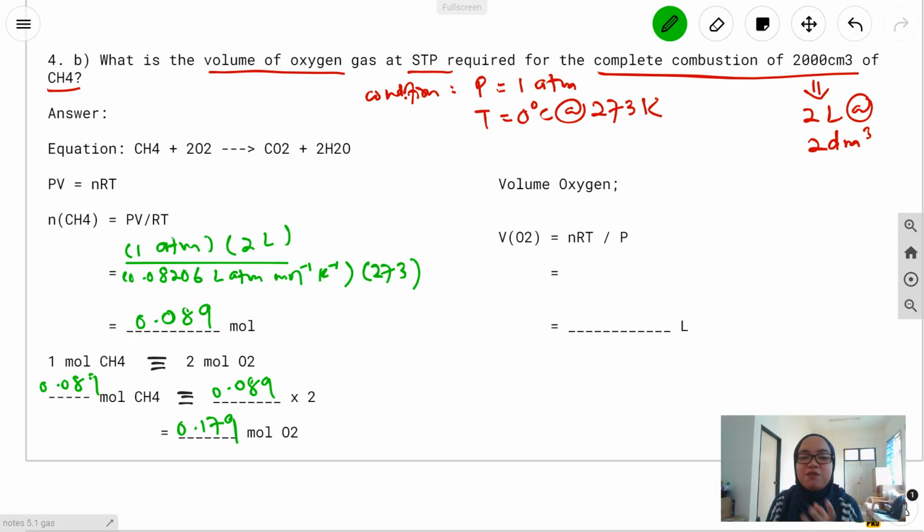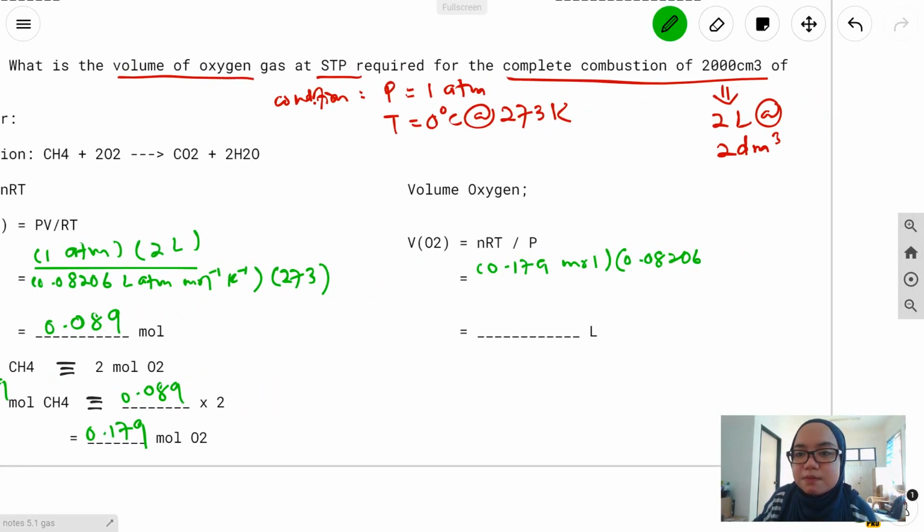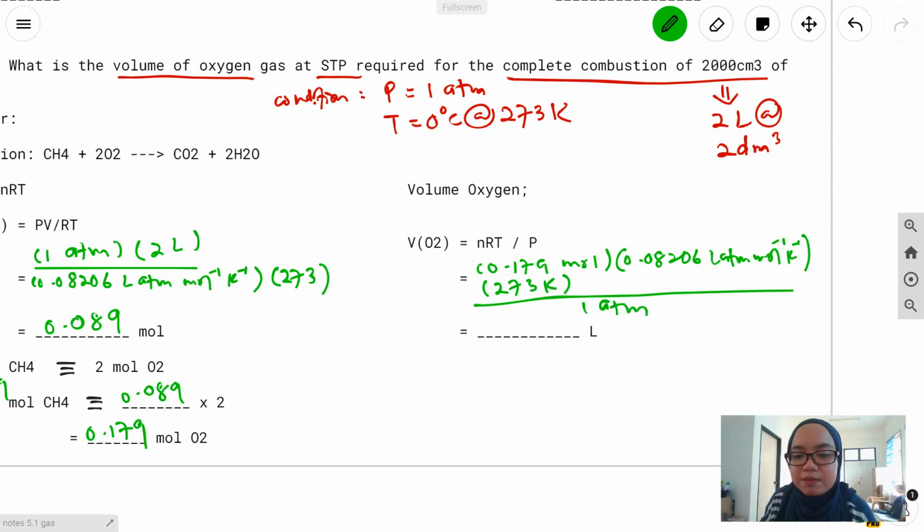When we rearrange the formula, we get volume of oxygen equals to nRT over P, where we know the n just now is 0.179 mole times R 0.08206 liter atm per mole per Kelvin times temperature 273 Kelvin divided by pressure 1 atm.